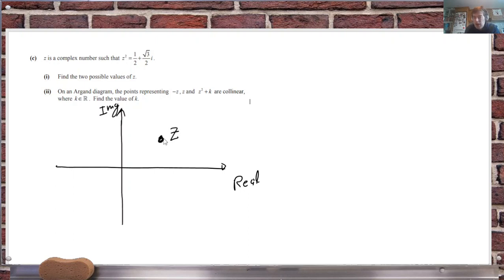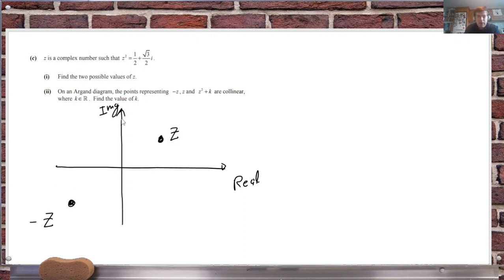So minus z, that would be on the opposite side here, like that. And we know that they have to be at the same height because only the real component, oh sorry, my mistake. You minus the real and the imaginary, so it gets flipped down to here. Like that then. Okay.